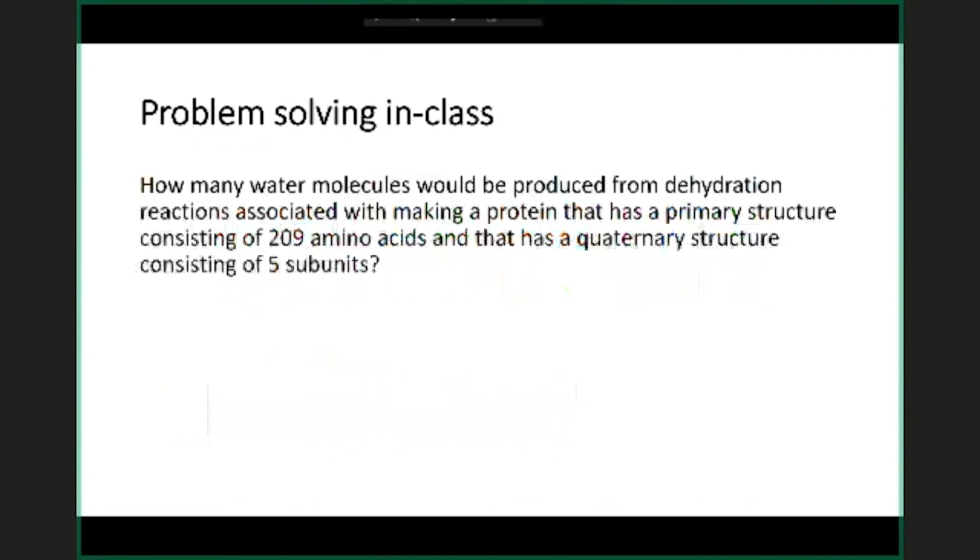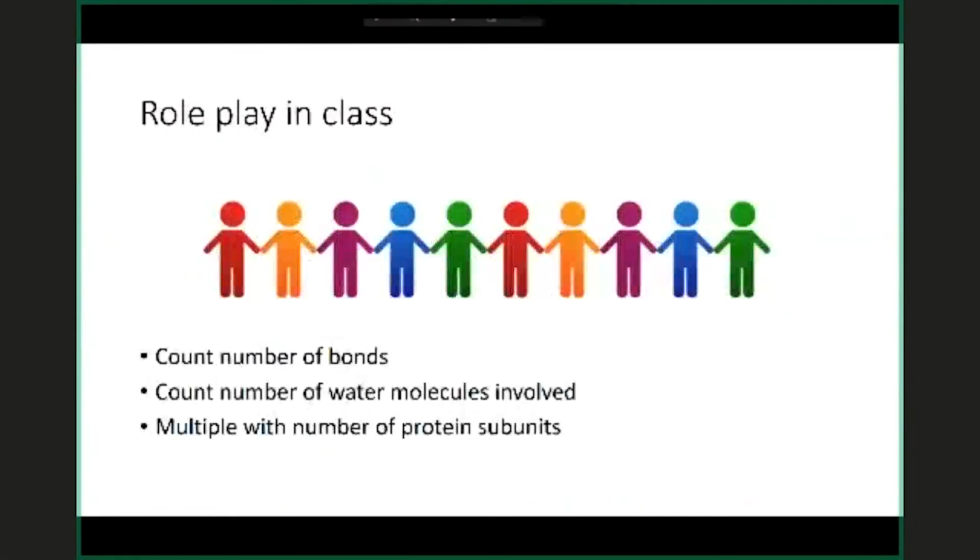Again, I'm going to say, this is a protein that we're talking about. And then I would have them count the number of bonds by counting the number of hand holdings that we see. Then they would count the number of water molecules that were involved in building them.